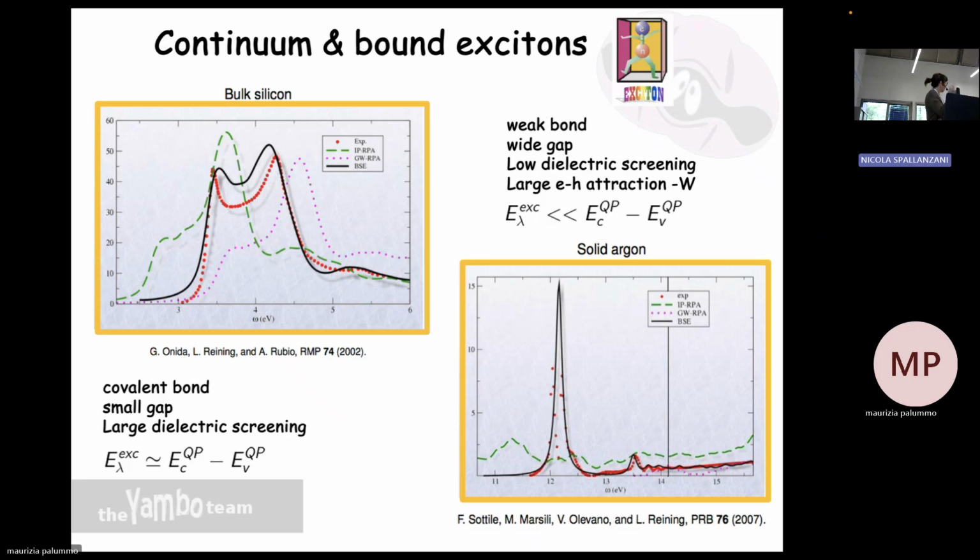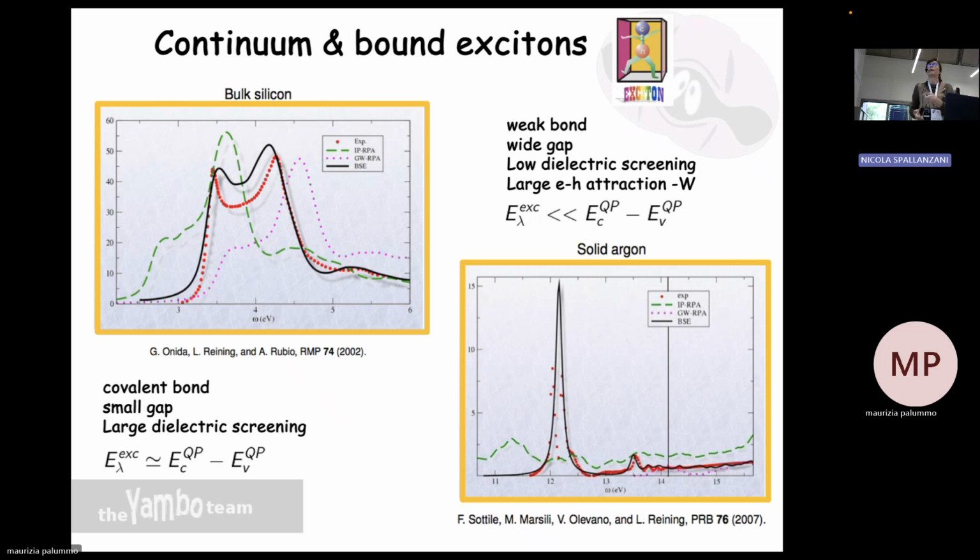Why? Because, if you remember the equation that I showed, the dipoles are excitonic dipoles, a linear combination through the excitonic eigenvector. So the intensity of the peaks changes a lot, even if the position is already okay with GW.